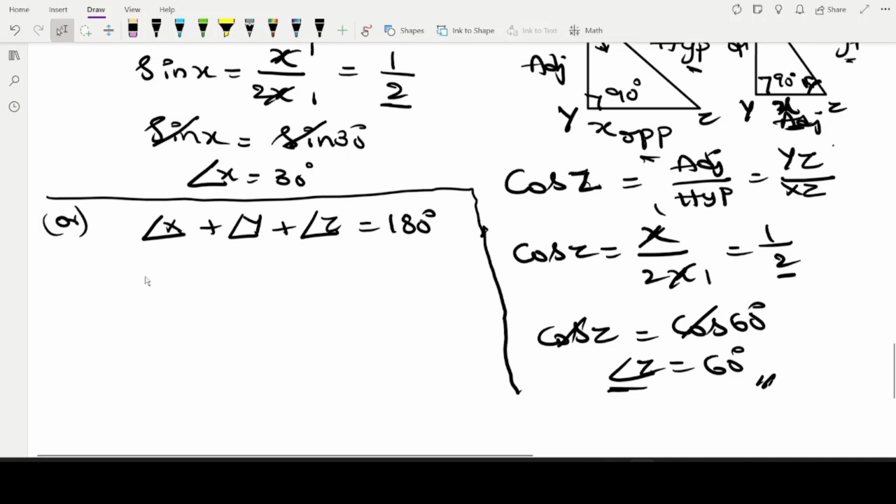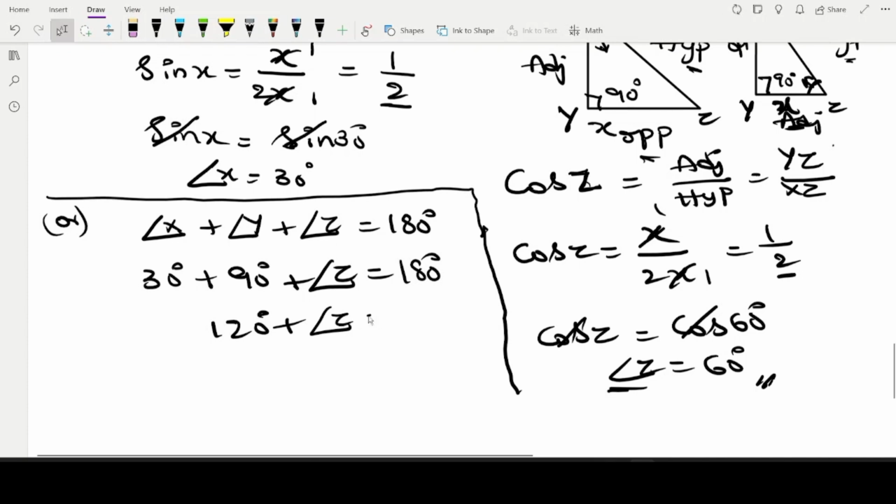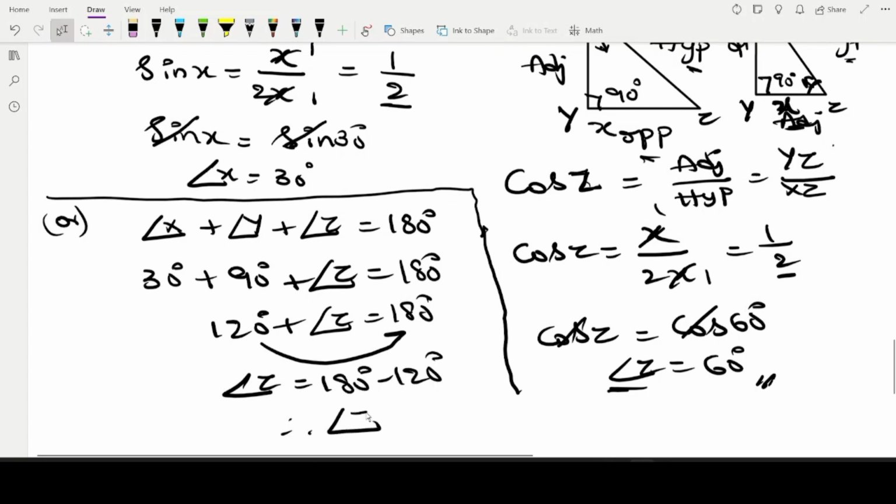We got the value of angle x as 30 degrees, and angle y is 90 degrees, and you need to find the value of angle z. 30 plus 90 is 120 degrees, plus angle z equals 180 degrees. Now we shift 120 degrees to the other side. This becomes angle z equals 180 degrees minus 120 degrees. So angle z equals 60 degrees.